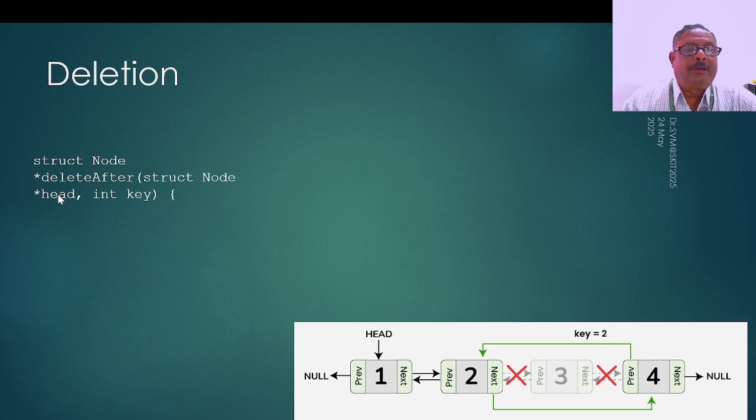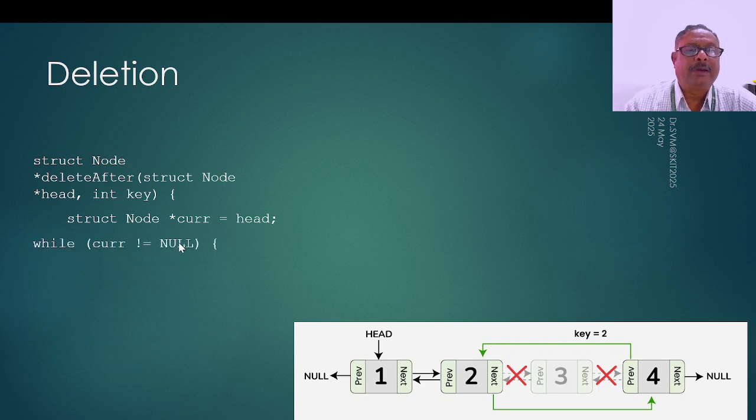So we begin by giving data as where the head is and what is the key we are looking for. To traverse through the doubly linked list, we begin from the head. So we make use of a pointer current and just keep moving.